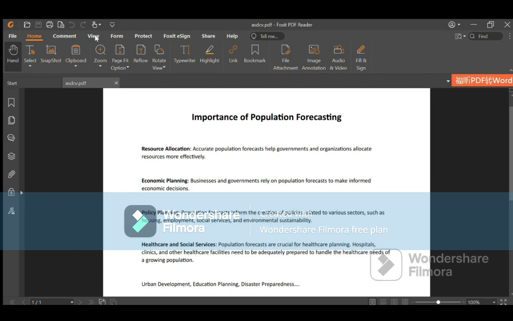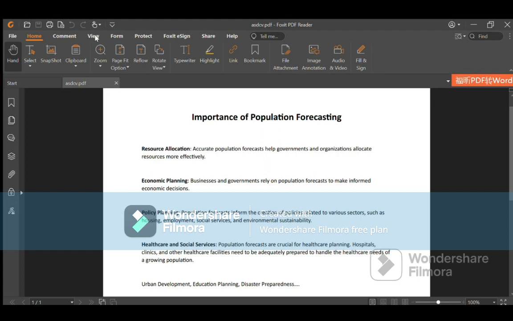And last, I'm going to talk about the importance of population forecasting, like resource allocation. Accurate population forecasts help the government to allocate resources more effectively. Economic and policy planning helps the government to make informed economic decisions and inform the creation of policy related to various sectors like housing, employment, social services, and environmental sustainability.